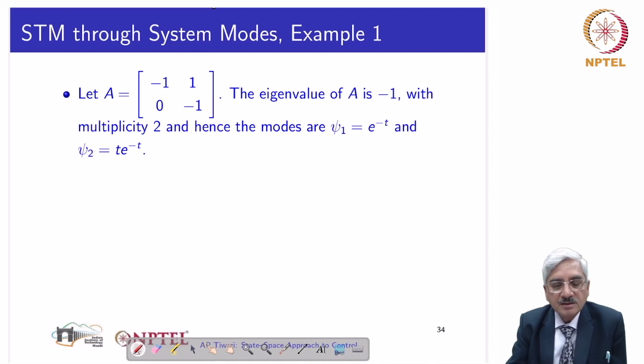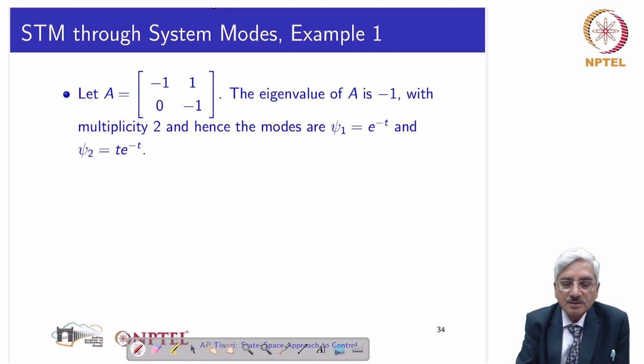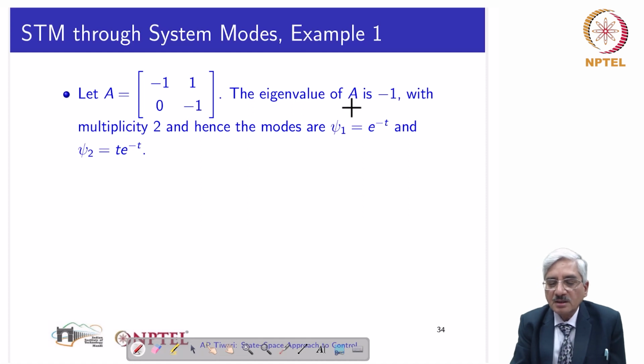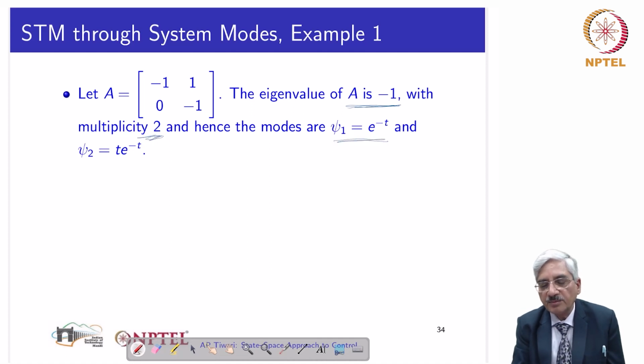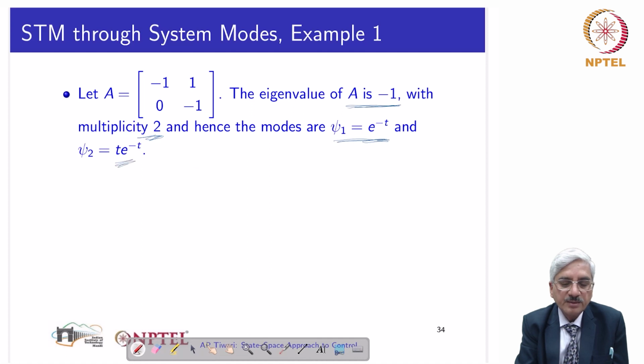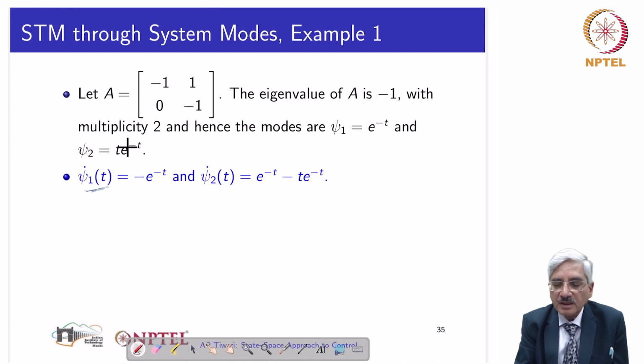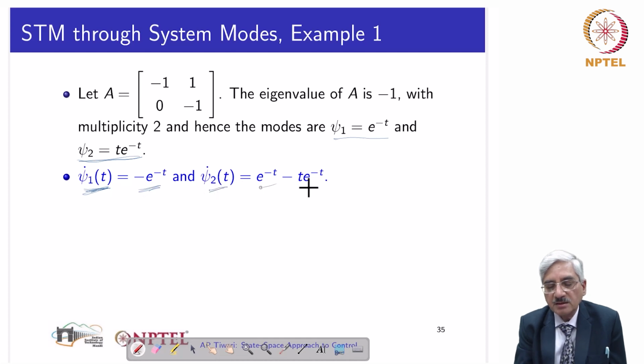We take a system matrix A as -1, 1, 0, -1. We see that the eigenvalue -1 has a multiplicity of 2, and hence the modes will be e power minus t and t e power minus t. That means psi 1 is e power minus t, psi 2 is t e power minus t, and so psi 1 dot is minus e power minus t, and psi 2 dot is e power minus t minus t e power minus t.